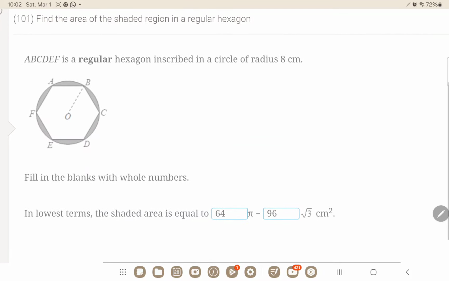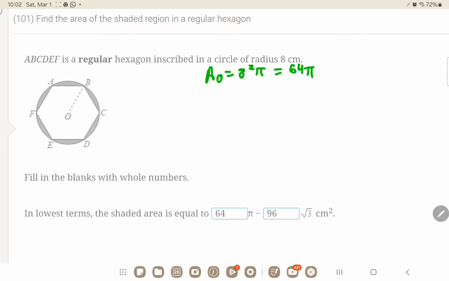Okay. So we have A, B, C, D, E, F, a regular hexagon inscribed in a circle of radius 8. In lowest terms, the shaded area is equal to. So the area of the circle would be 8 squared pi, so it would be 64 pi, as we know.